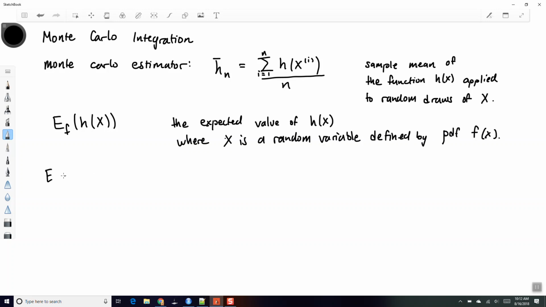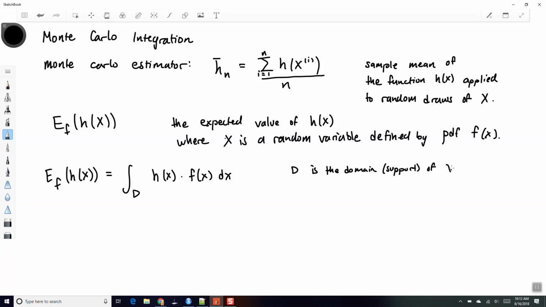And so, by definition, this is equal to the integral over the domain or support of x of h of x multiplied by f of x.